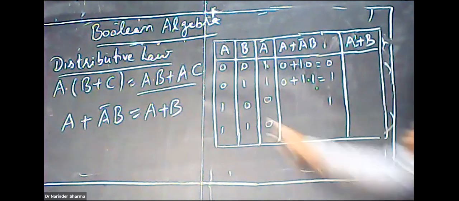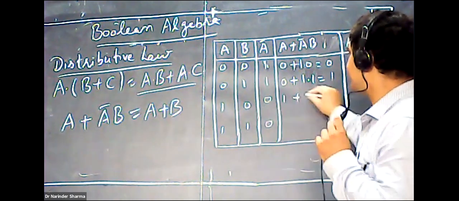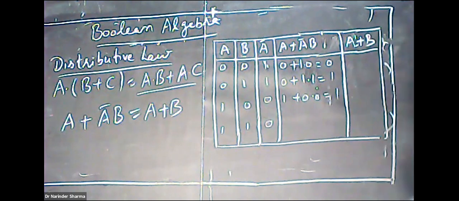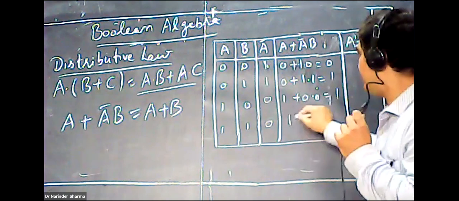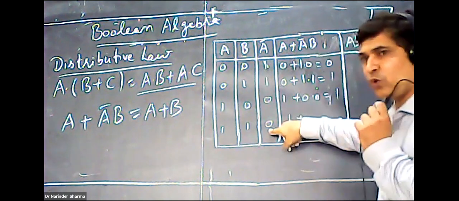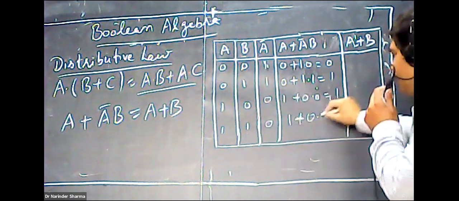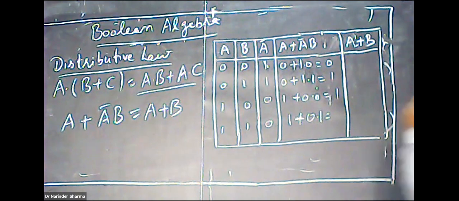Next, A is 1 plus A bar is 0 and B is 0. It is equal to 1. Again substitute the value. A is 1 plus A bar is 0 plus 0, B is 1. So it would be equal to 1.